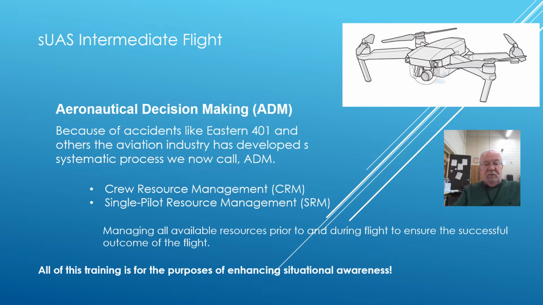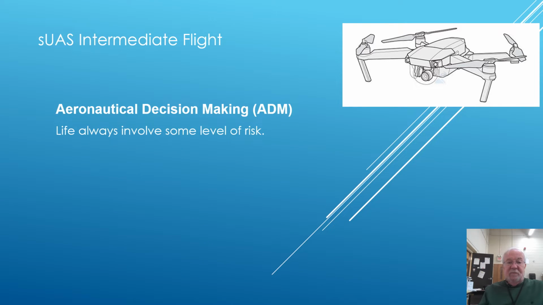And again, all of this training is for the purpose of enhancing situational awareness, the awareness of what's going on around you. Now, we know this as a fact, that life always involves some level of risk, but we're also aware that aviation in general has a smaller margin of error.